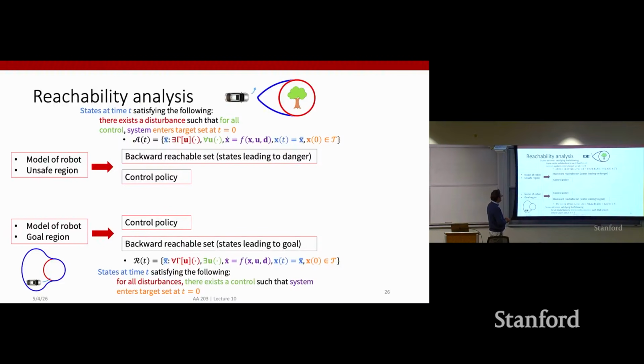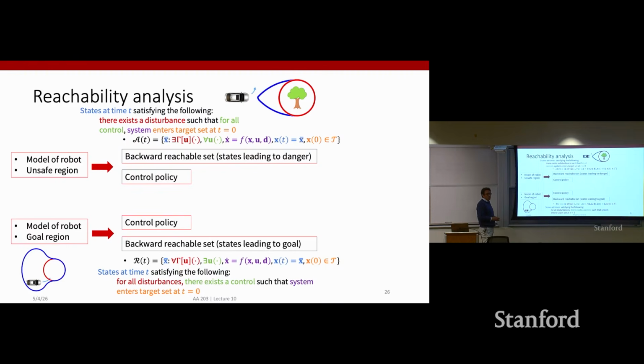Just as a reminder, we defined an avoidance set, which is a particular instantiation of a backward reachable set, as the set of states at time t satisfying the following definition. A stands for avoidance. This is the set of states for which there exists a disturbance such that for all possible controls, the system enters the target set at time t equal 0.